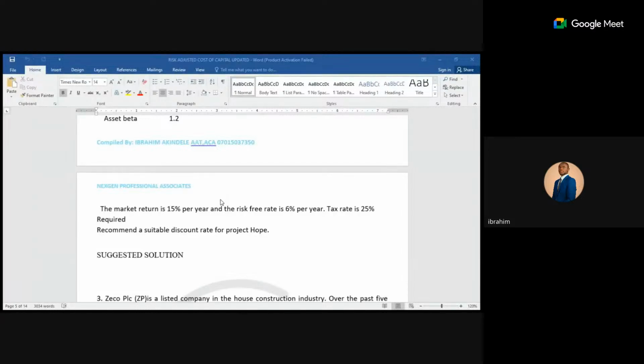For you to understand the requirements, you should be able to solve the question. You don't just rush to the question. When you see a question, first, calm down. Read through the requirements from 1 to 7. Then look at it and decide which one you want to start with. Of course, you should not start with question 1. Look at question 7, look at question 6, that you can do.